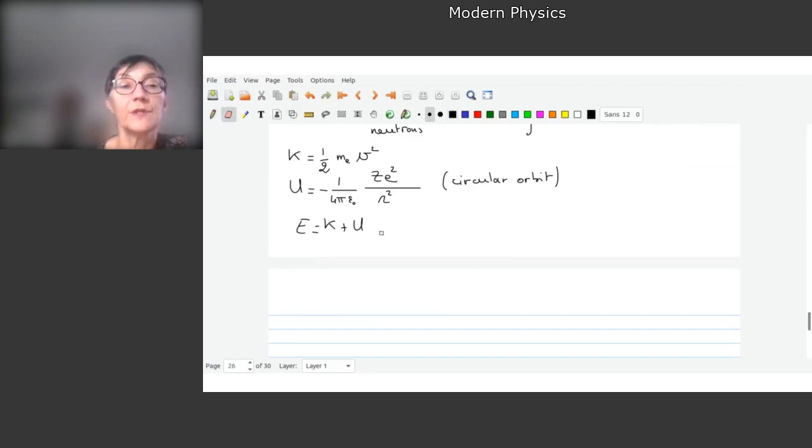We have another expression, which is the expression of the force that derives from this potential energy, the centripetal force.